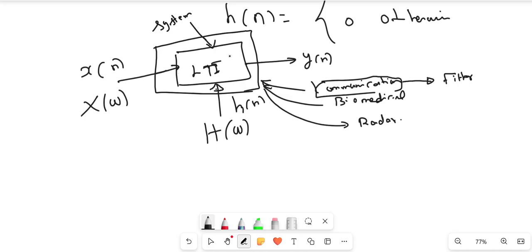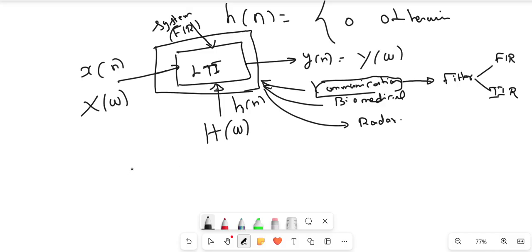So this LTI system modifies, if it is a filter, the filter may be classified into FIR filter or IIR filter. If it is an FIR filter, this LTI system modifies the input spectrum X of omega according to the frequency response H of omega to yield an output spectrum Y of omega.